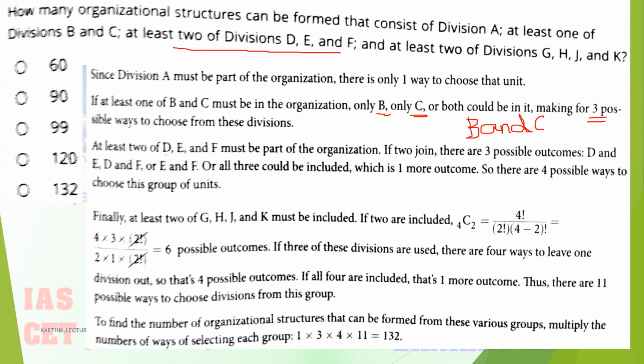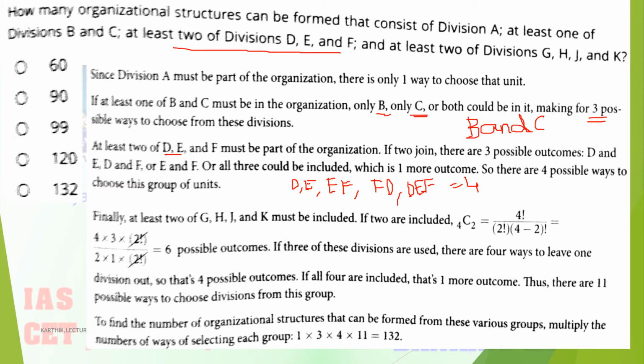So either 2 divisions, DE, EF, FD, or DEF. They said at least 2 should be there, maximum anything is possible. Total how many combinations are possible? 4 combinations are possible.